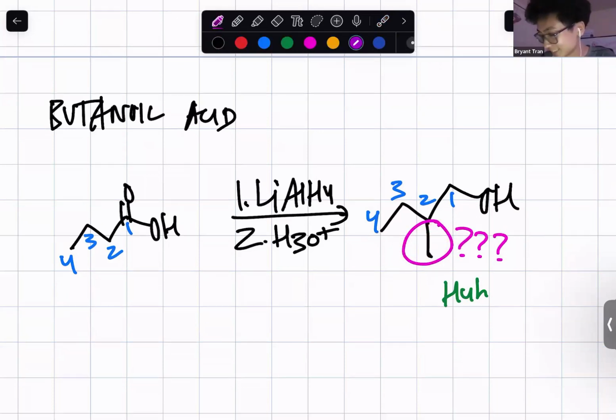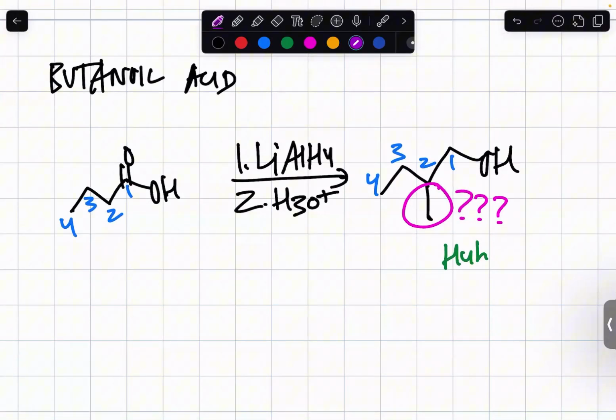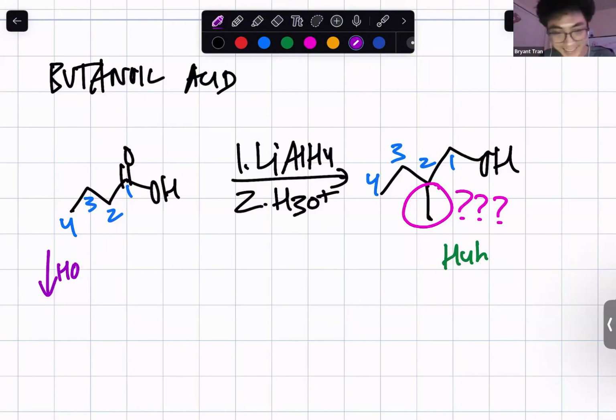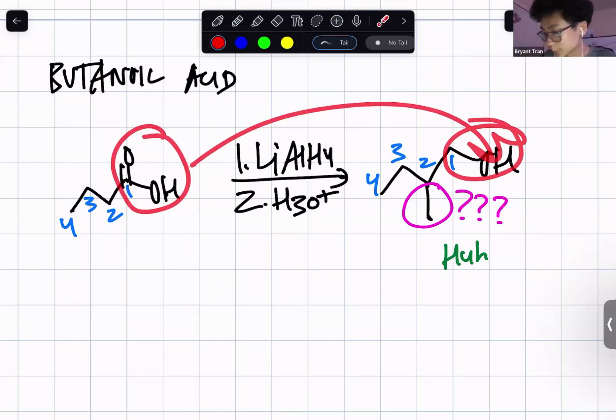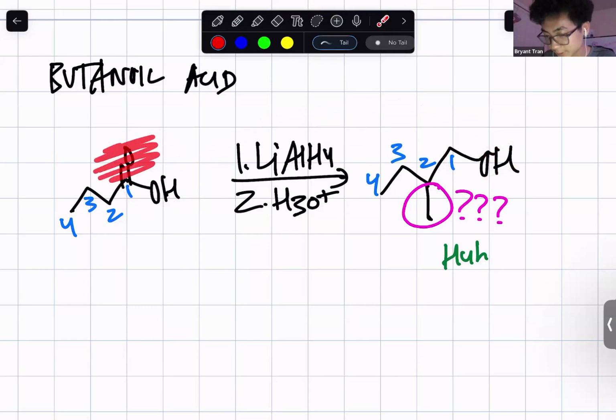Wait, okay, so how it works is an H minus goes and grabs the acidic hydrogen. This mechanism reduces the carboxylic acid into the primary alcohol, so you completely get rid of the carbonyl.